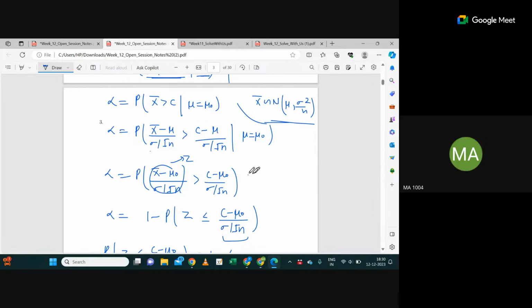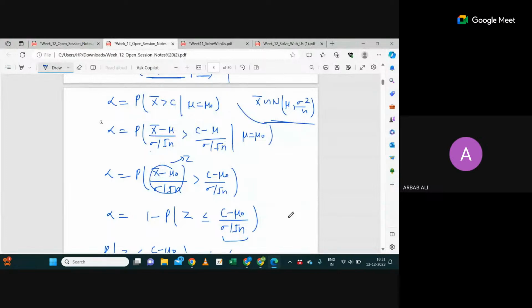What's the key rule for standardizing? Anyone? How will you convert a random variable into a standard normal variable?